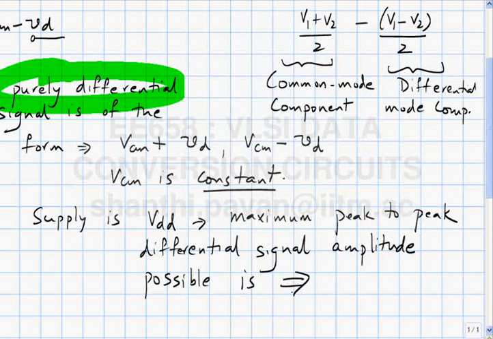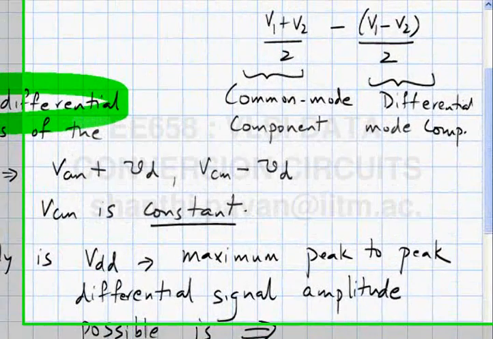Two VDD. How should you choose the common mode voltage to maximize the differential swing possible? Let's say I wanted to have as large a differential sinusoidal wave as possible, under the constraint that none of the absolute voltages exceed VDD or go below ground. Then what would I choose my common mode voltage as?